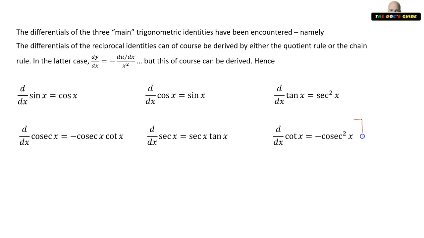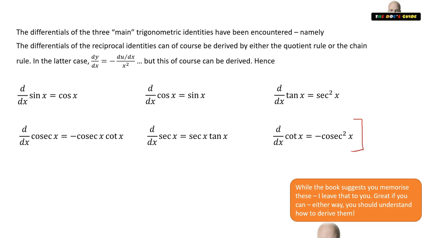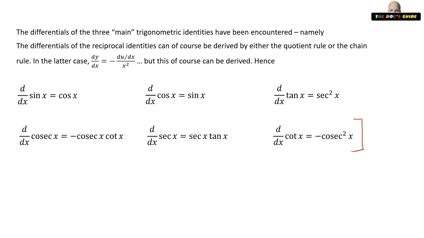So commit these to memory if you wish, if you've got enough spare capacity in your brain, but I would think if it turns up, it may even turn up as a question for you to prove that one of these reciprocals differentiate to be the format that's shown here. So I would ignore that.